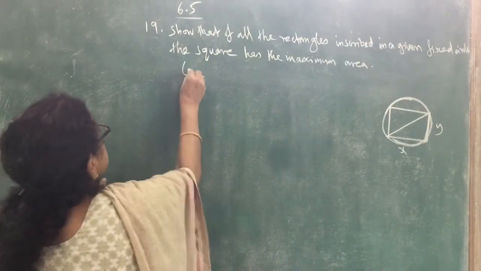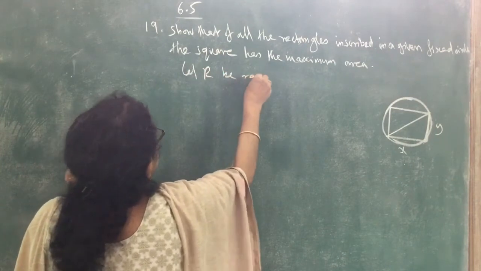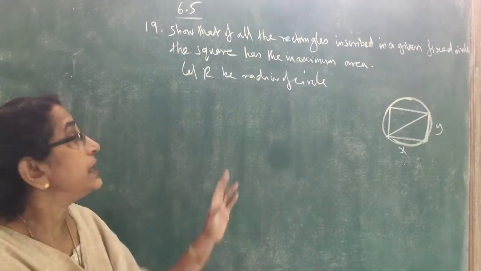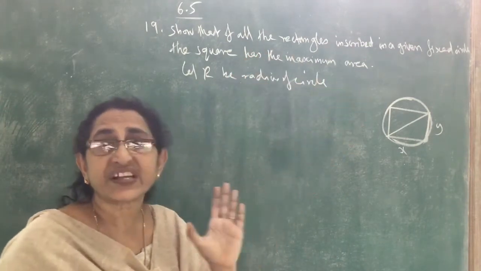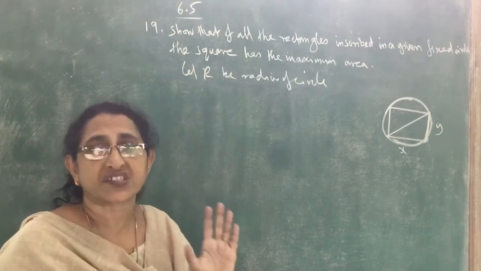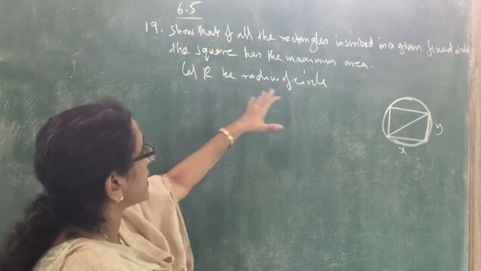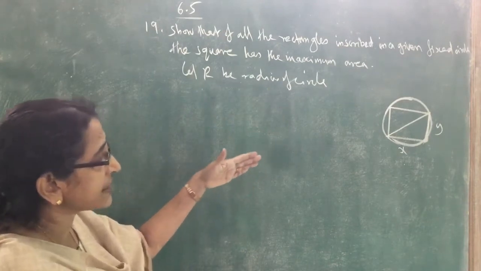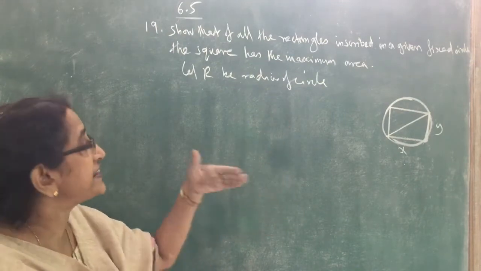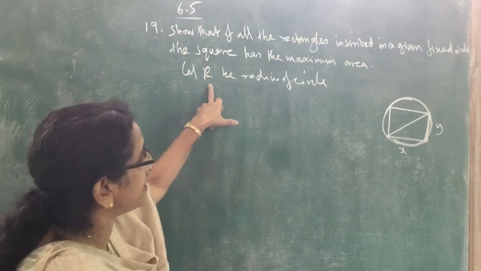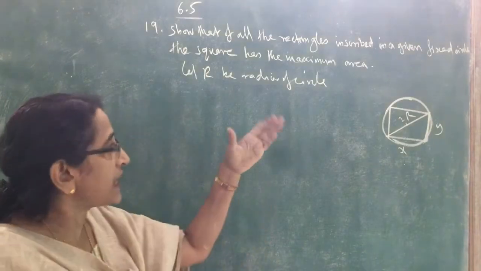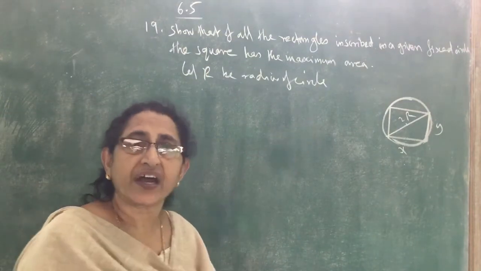The circle is given, so the radius of the circle is a constant, which you have to remember. The diagonal of the rectangle is the diameter of the circle, which is 2r.